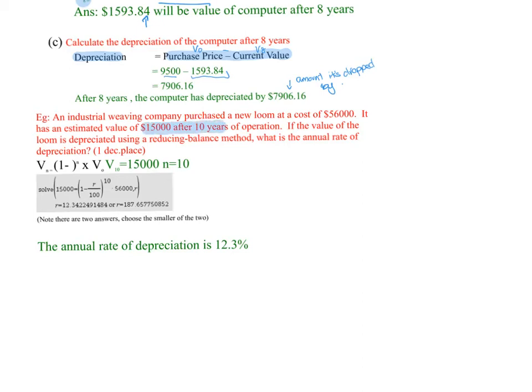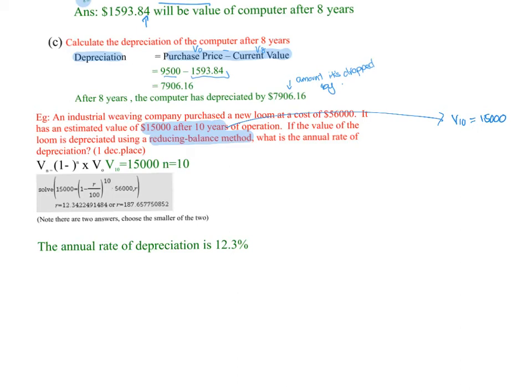What they have just told you there is that V10 equals 15,000. If the value is depreciated using the reducing balance method, so now you know you've got a V10 value and you know you're using the reducing balance formula.